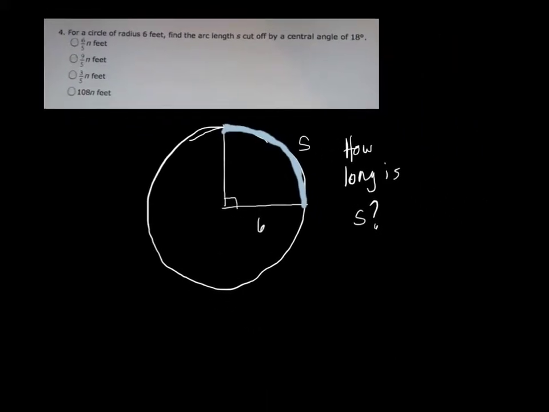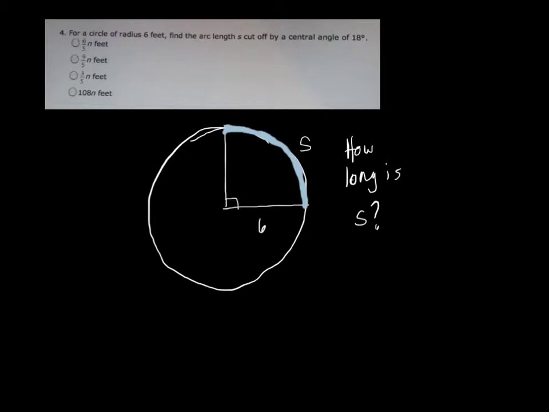Well, what fraction of the total circumference is S? Well, first, what is the total circumference? It's diameter times pi, so it's 12 pi. Sure, so I'm going to write 2 pi r, and then I'm going to write 12 pi.